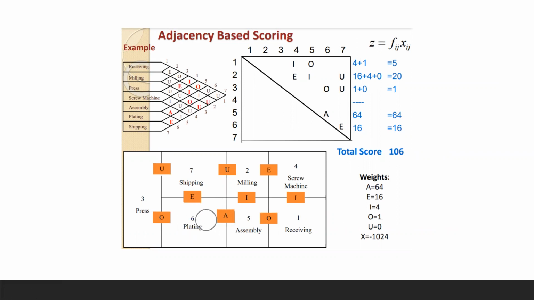Initial layout. Okay, so tinignan nila 1, so 4. Ang equivalent ng I is 4, equivalent ng O is 1. So, asan yun? 1 and 5. Ito po, 1 and 4.